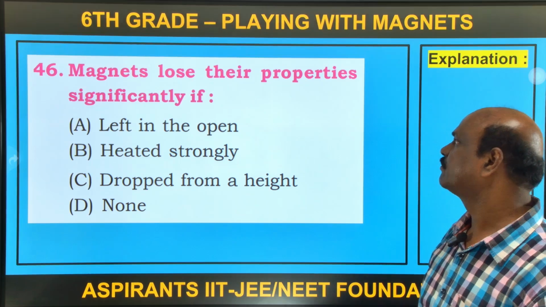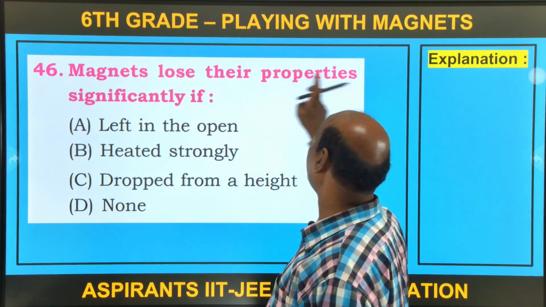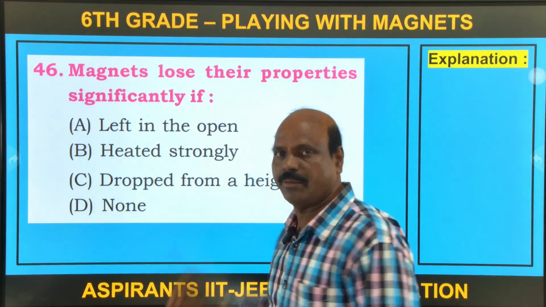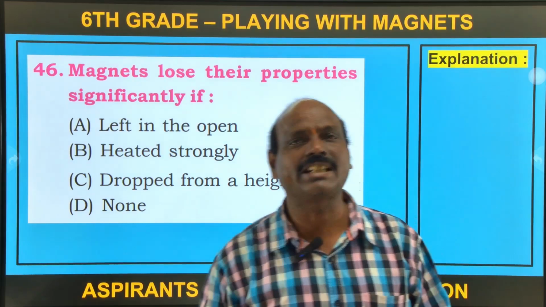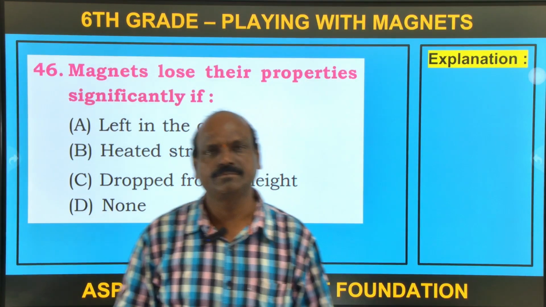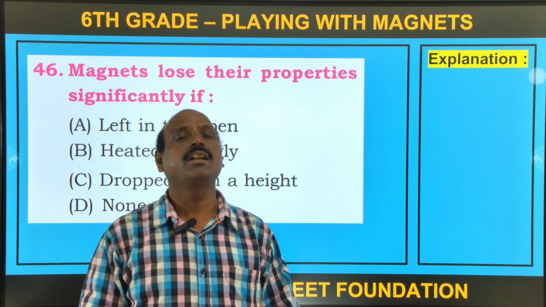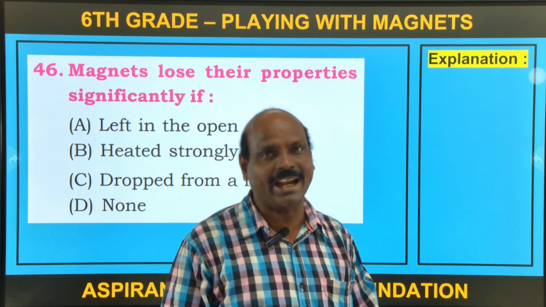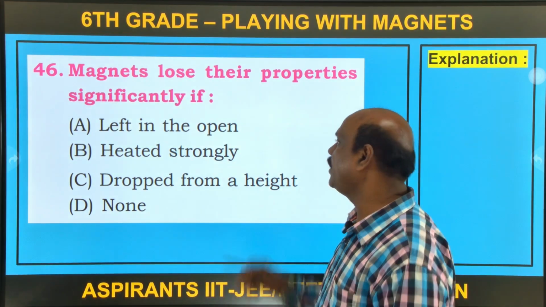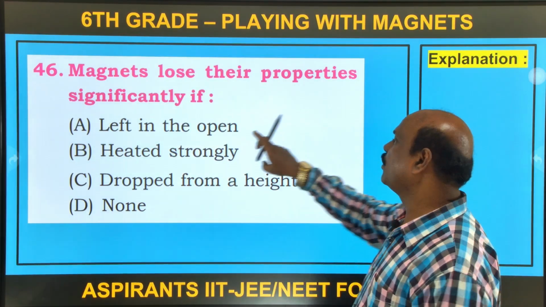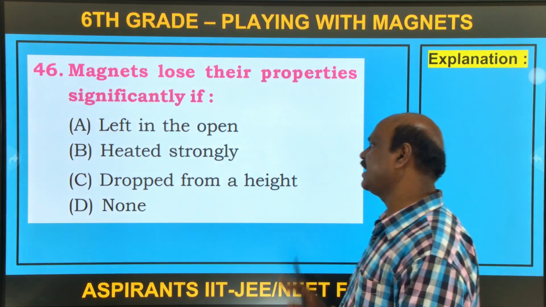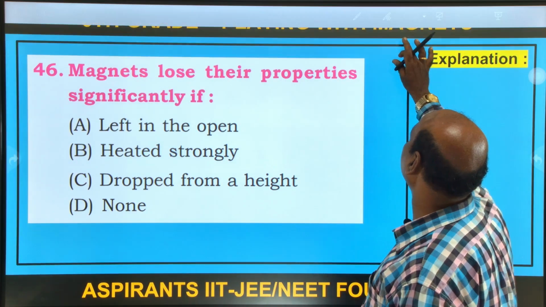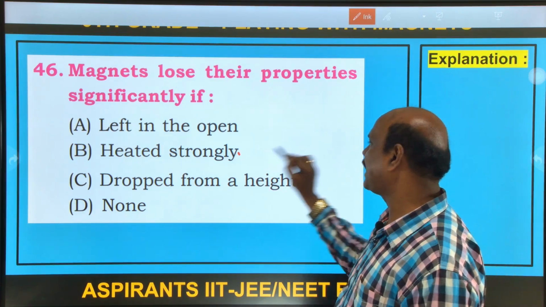Next question. Magnets lose their property significantly. Means how a magnet will lose its magnetic property, what we call the process of demagnetization, or how a magnet can get demagnetized. Here we know that if it is left in an open area, it will not get demagnetized. If you heat it strongly, as we know, this is the property of demagnetization.